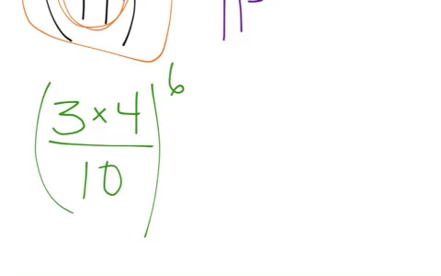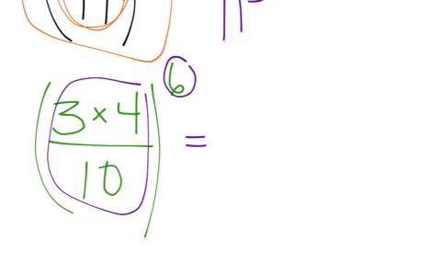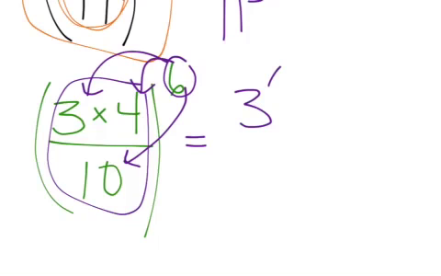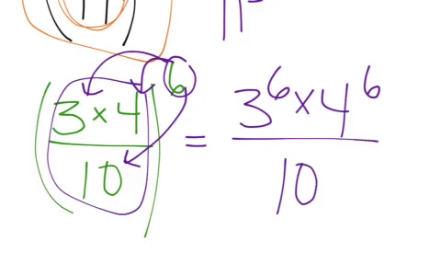Well, we have a big base here. This whole thing is a base. Multiple numbers that are being multiplied and divided together. So that means we can use these laws to distribute the 6 so that it becomes the exponent for all 3 of these numbers. So the expanded form would be 3 to the power of 6 times 4 to the power of 6 divided by 10 to the power of 6. Done.